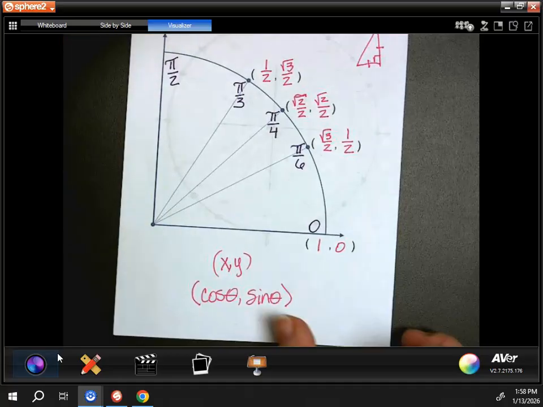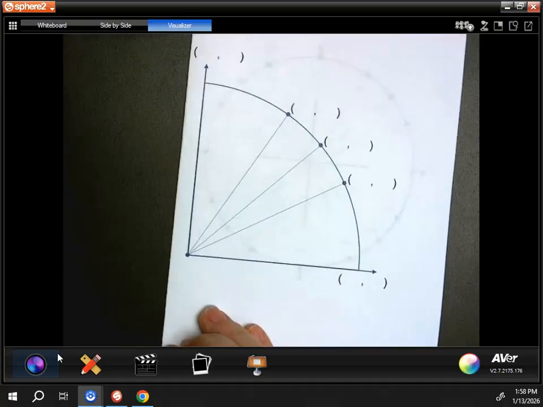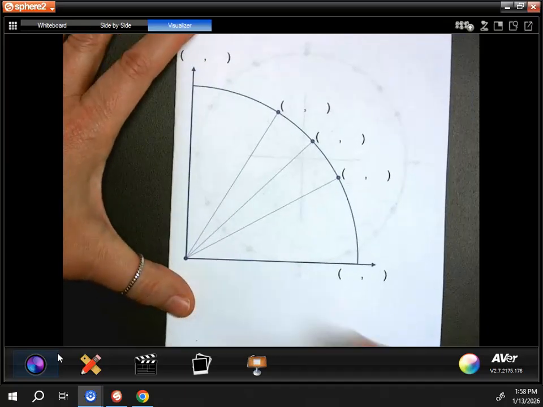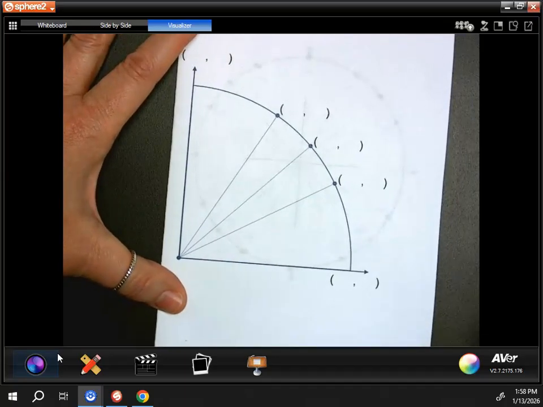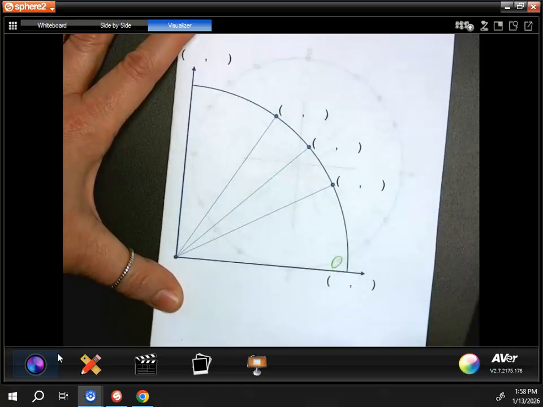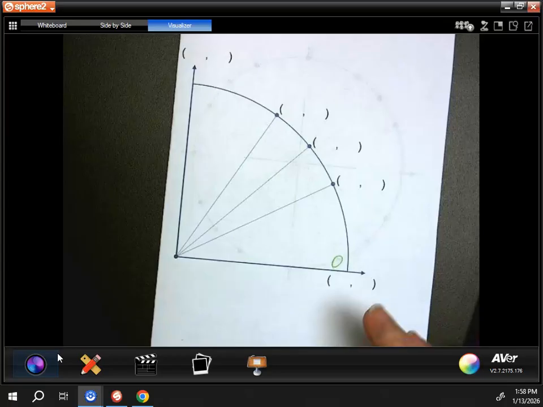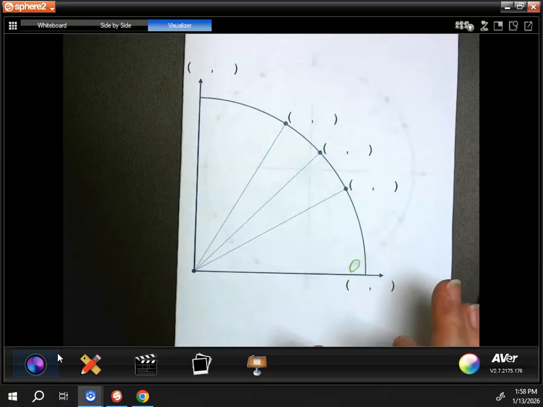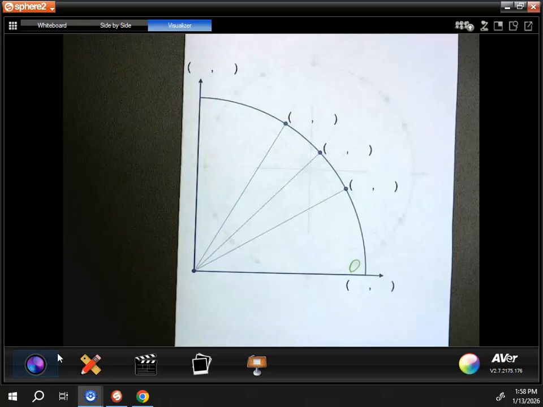All right. Flip that over so you have a blank one. Now, I want you to put in the angles by yourself. I'm going to start you with 0. And without talking to anybody or looking at anything or flipping your paper back over, from your brain, do the best you can to get the angle measures in there in radians. If it's not right, we can fix it.